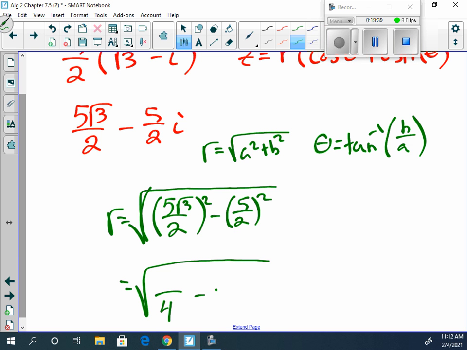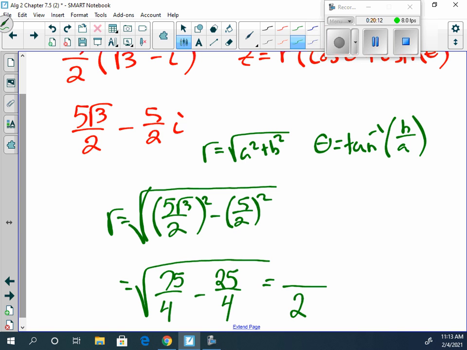Well, luckily, both of these are going to be over 4. 5 squared is 25, times 3 is 75. I'm going to go ahead and simplify the denominator because when we subtract both of these, we'll still have 4 on the bottom. The square root of 4 is 2. Now on top, we have 75 minus 25, which would give us 50.